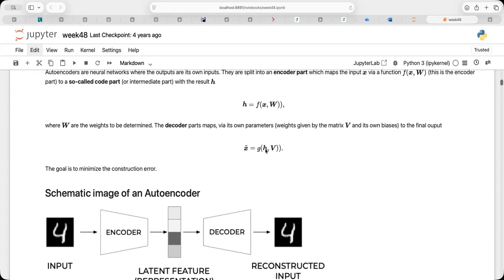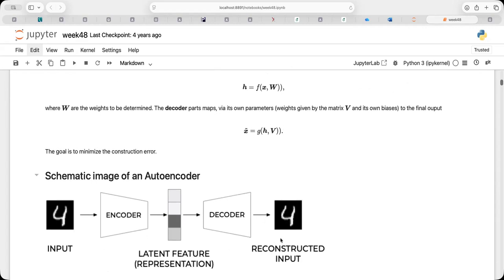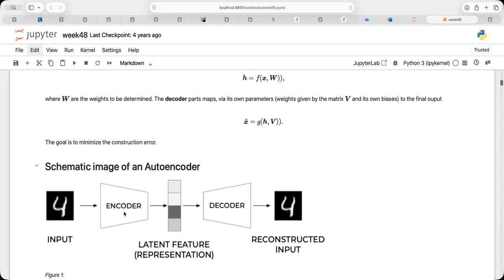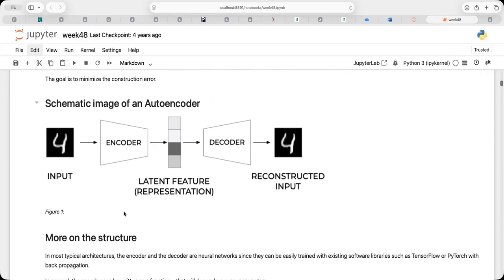And then you use that to reconstruct the output, which is a decoder. You train both the encoder and the decoder, and the simplest form could just be a linear dependence, which is the one we mentioned last time. And I'm going to show you how this comes through now.